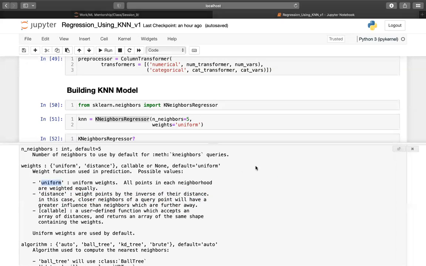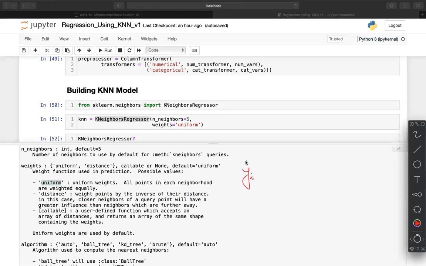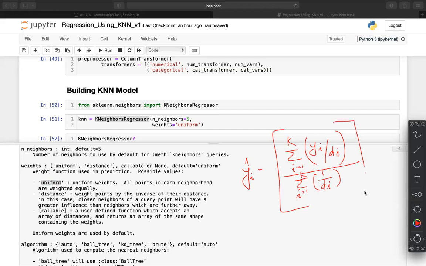So the calculation based on the weighted average would be the y_i divided by the d_i, the distance, normalized by the sum of 1 by d_i, with i equal to 1 to k. That will be the predicted value if you use weights as distance, which is called the weighted average calculation.